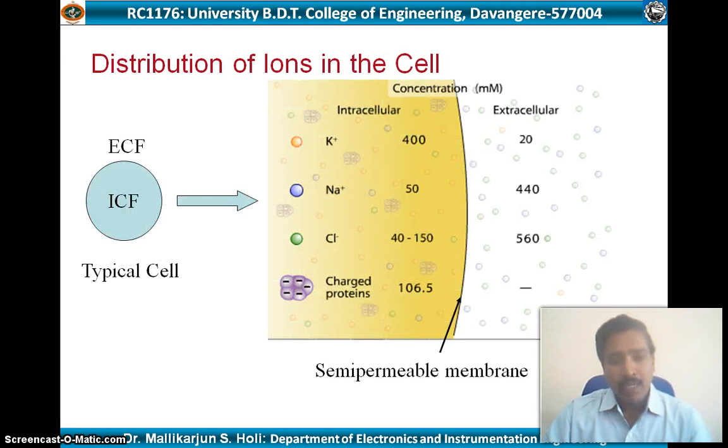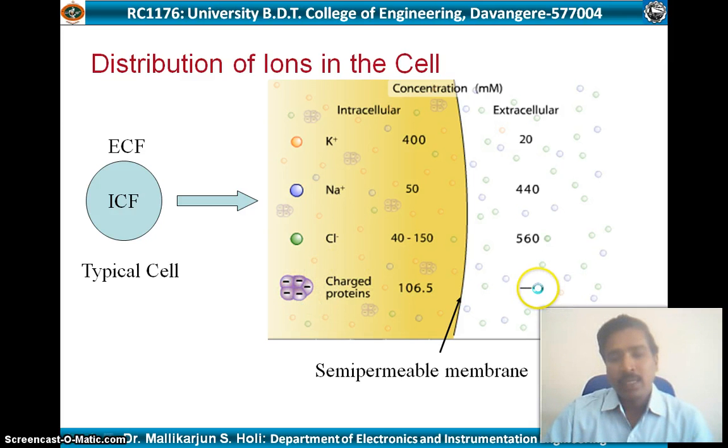So let us look at the condition of a cell under normal conditions. The cell contains a fluid called the intracellular fluid, and the fluid outside the membrane is called the extracellular fluid. The ions present in the intracellular fluid are potassium, sodium, and chlorine, and we will find the same ions on the outside, but the concentration of potassium inside is high, the concentration of sodium outside is high, and a large number of charged proteins which are negative are inside.